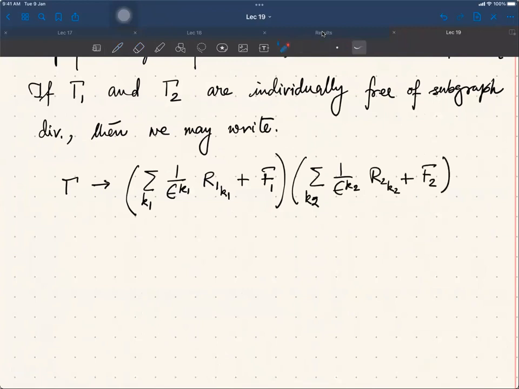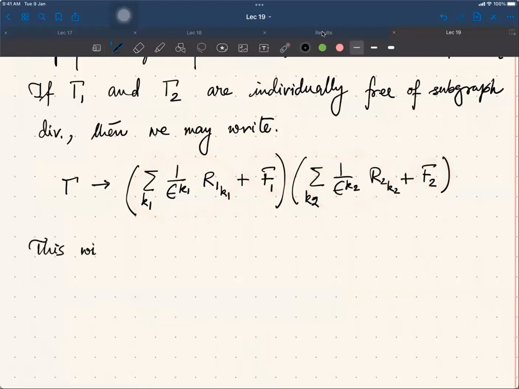This individual sum over k1 and k2 will go over the loops, from 1 to the number of loops, say L1 and L2, if gamma 1 is an L1 loop graph and gamma 2 is an L2 loop graph. Now when you multiply this, you get terms like this multiplying F2 and this multiplying F1. These cross terms will have poles, but with F1 and F2 appearing in the residues.